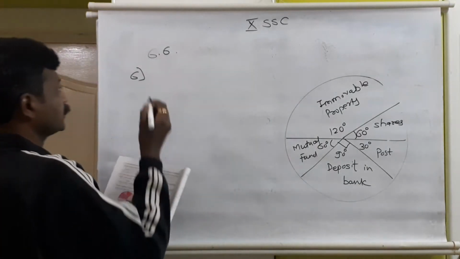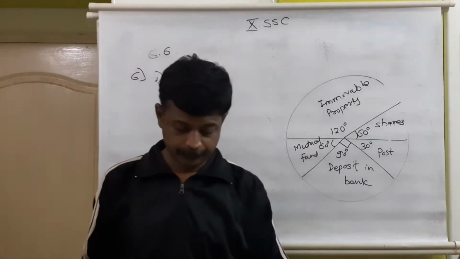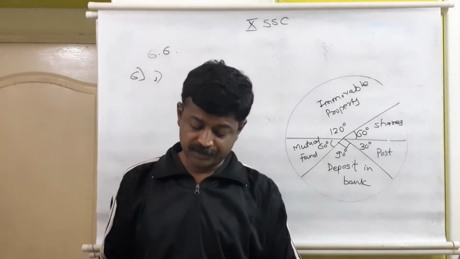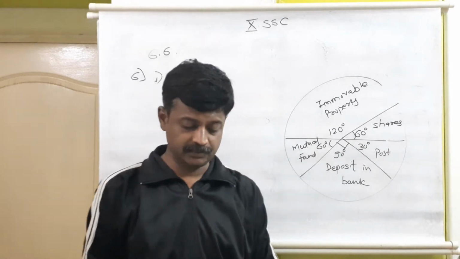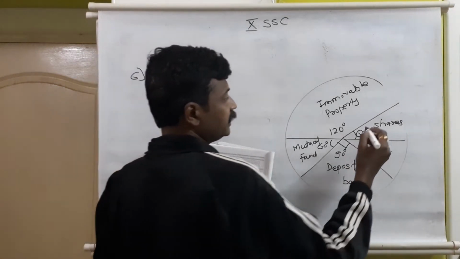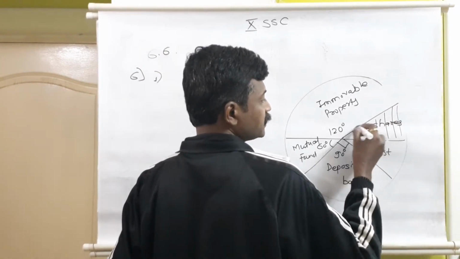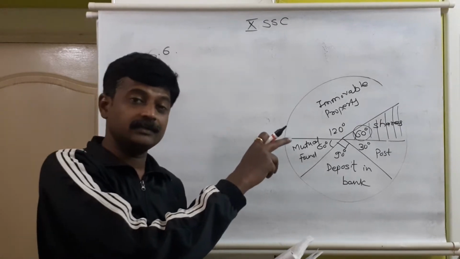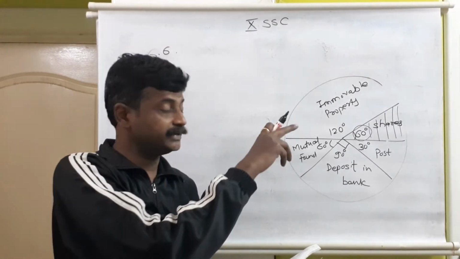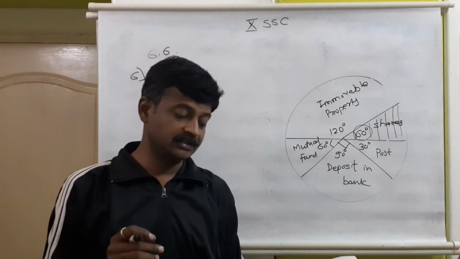In the first sub-question, number 1, it is asked: if the investment in shares is rupees 2000, find the total investment. Here we have this sector for shares, and this investment is 60 degrees. It is in the form of degrees. Out of 360, 60 degrees is for shares, and in rupees it is given as 2000.